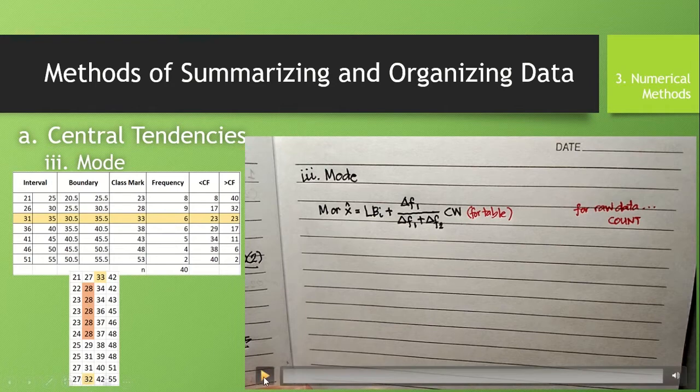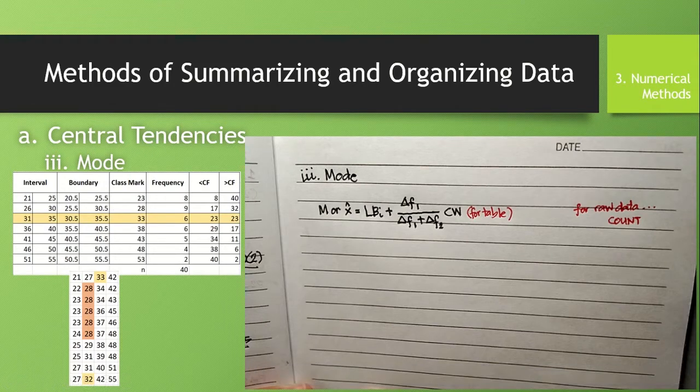So this is how we calculate the mode. In group data, we will use this equation. Now that's LB sub i, so that's the lower class boundary of the modal class.